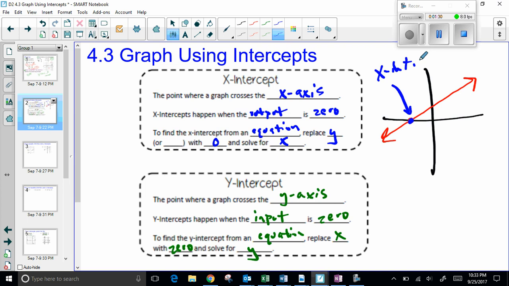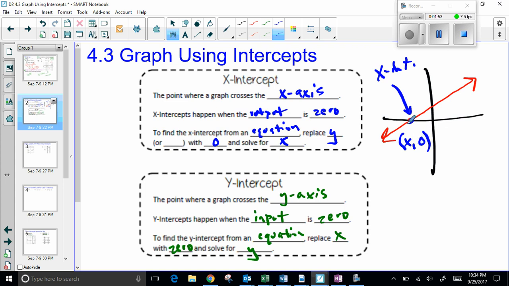Now I don't know what this number is, but when I make my ordered pair right here, I know I'm going to go this way on the x-axis. It's going to be x something, but I do know what this number is for my y value. It's 0.